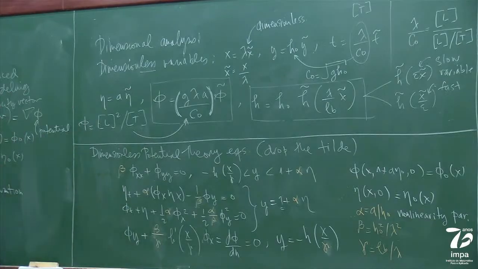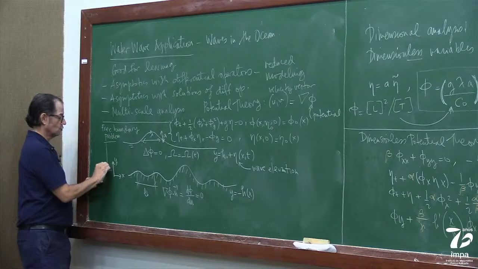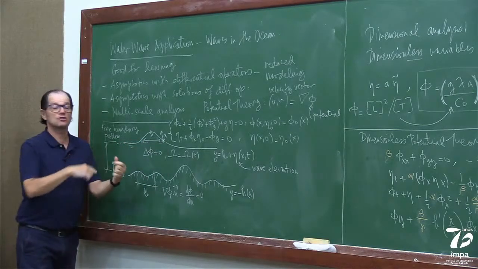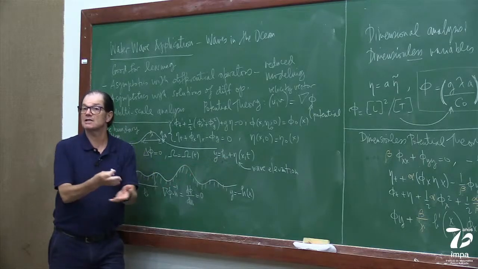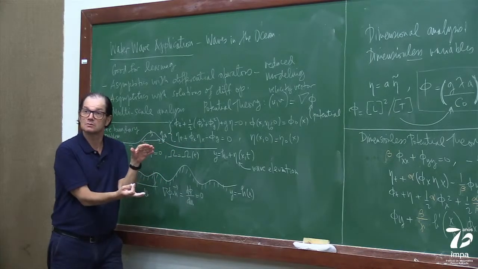So that means that over here, look, y equal to 1 would be, in the original problem, y equal to h0. But since I've normalized the depth, the reference depth now is 1.